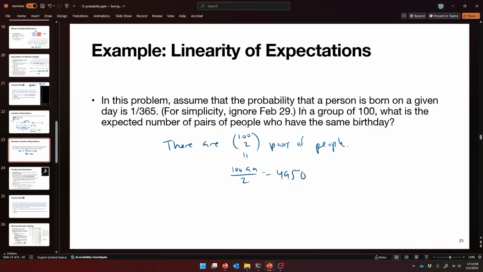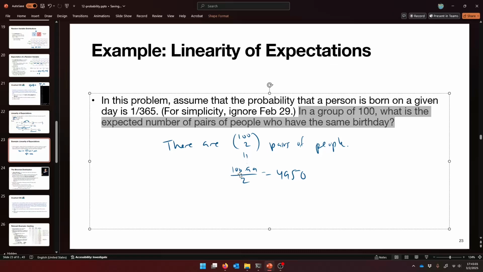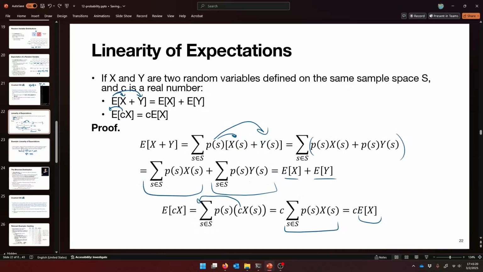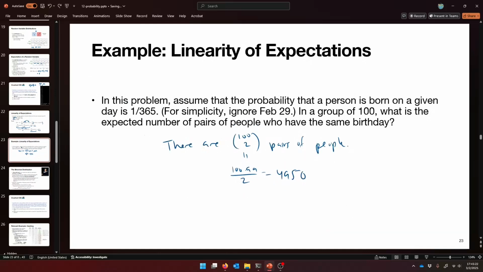And then a very easy way to calculate how many pairs of people can you expect to have the same birthday? All right. What we'll do is we'll make 4,950 separate random variables. And this is where linearity of expectations is going to shine.